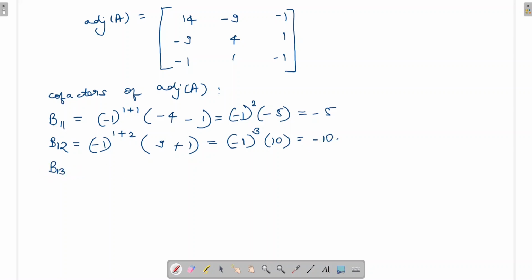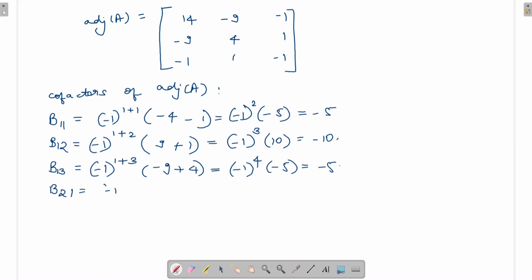Then B13, which is equal to minus 1 raised to 1 plus 3, first row and third column. So minus 9 plus 4, which is equal to minus 1 raised to 4 times minus 5, which is equal to minus 5.